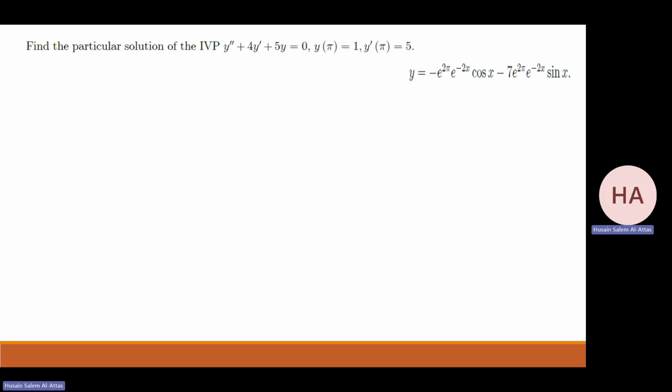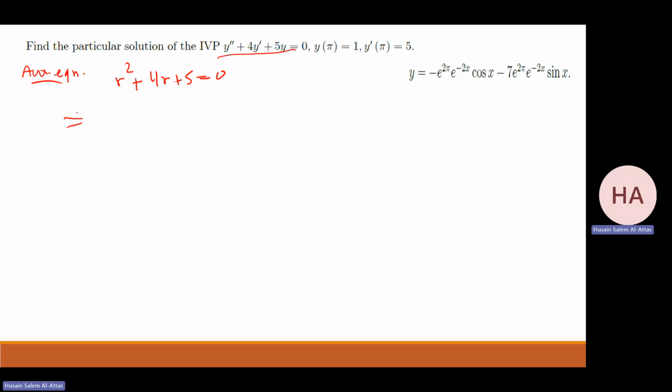Find the particular solution of this initial value problem. So it means I need to solve this equation, and then I have conditions. It's just a matter of calculation. Okay, so I have the auxiliary equation to solve this: r squared plus 4r plus 5 equals 0.